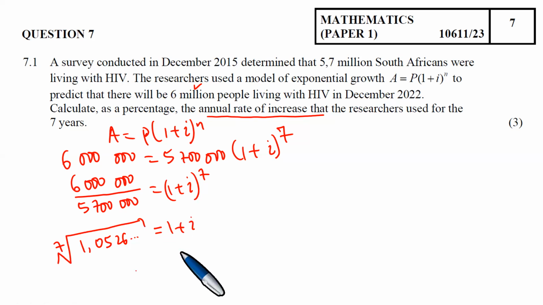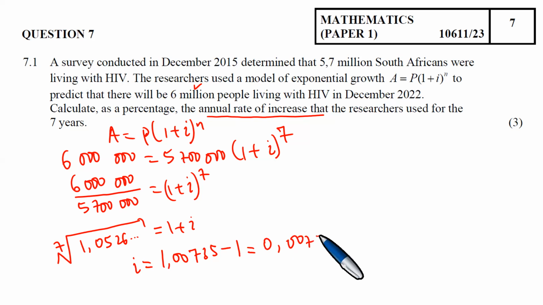Which means that we can get the interest rate, which is 1.00735 minus 1. Check the seventh root of this, minus 1. So you get this one minus 1, and the result here is 0.00735.